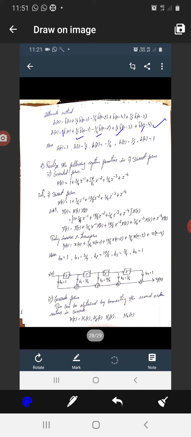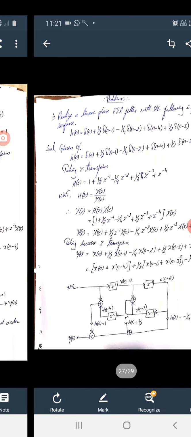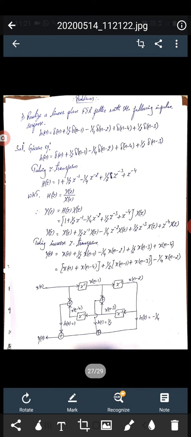Represent those as h of 0 first, h of 1 second, h of 2 as minus 1 by 4, h of 3 as 1 by 2, and h of 4 as 1. If you represent the coefficient values in the equation, you will get the same here.